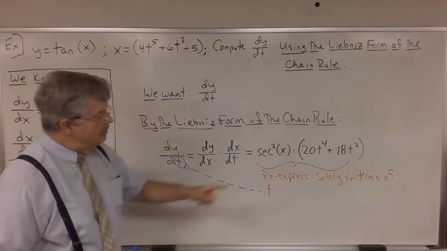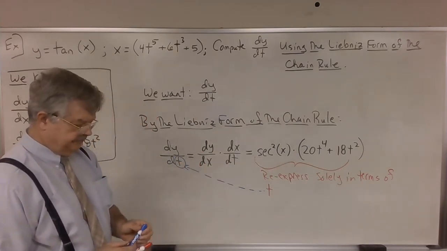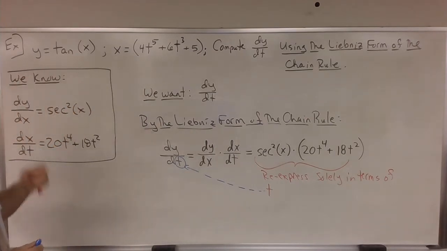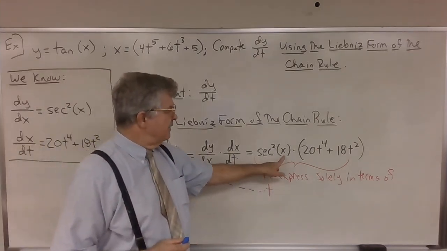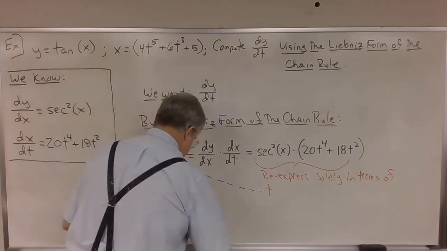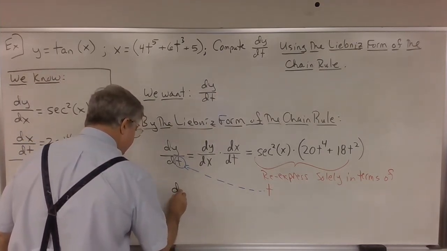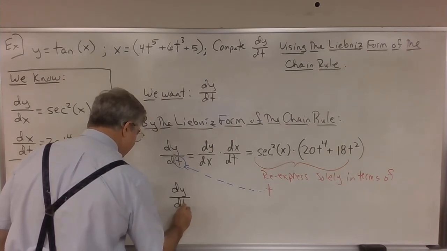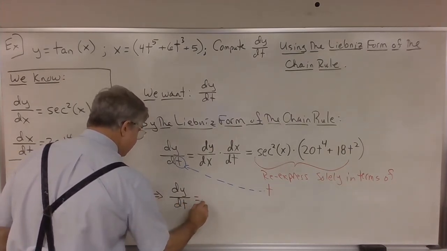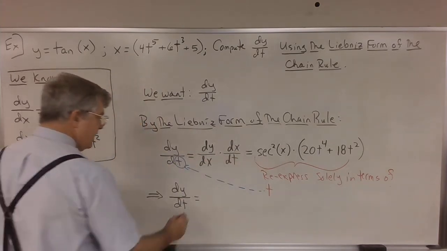So I want all of this mess to be stated in terms of t. So I've got to get rid of the x. So I'm going to rewrite it here. Secant squared x, that's the bad guy right there.